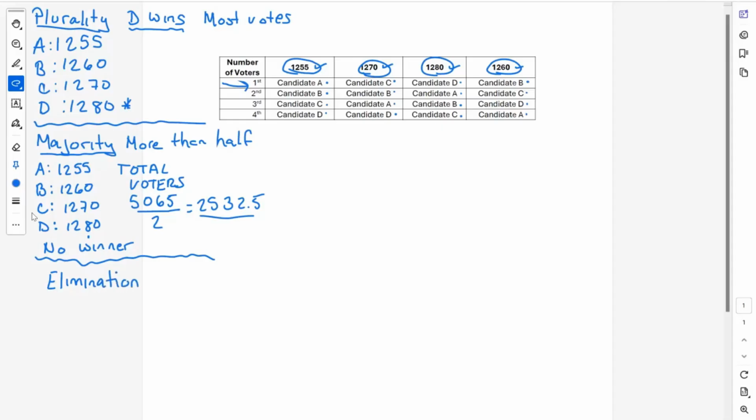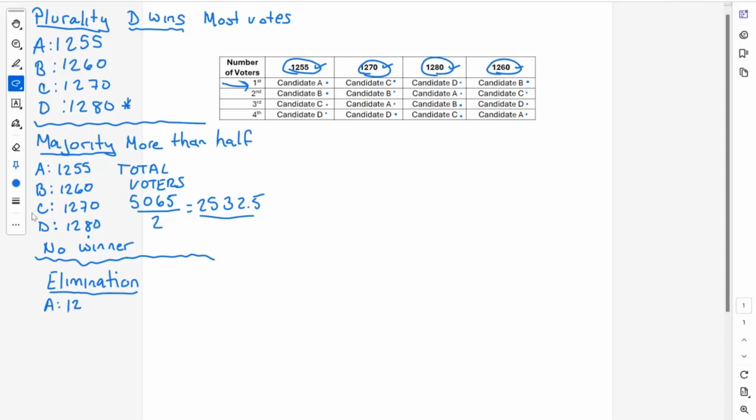So what elimination does is it says, you know what? We still want an option to have more than half of the votes in order to win. But we recognize that we need a winner from the election. So let's start with the very same results that we had.